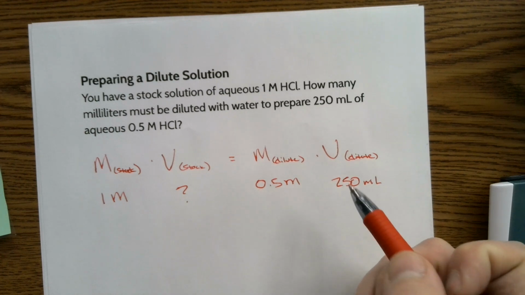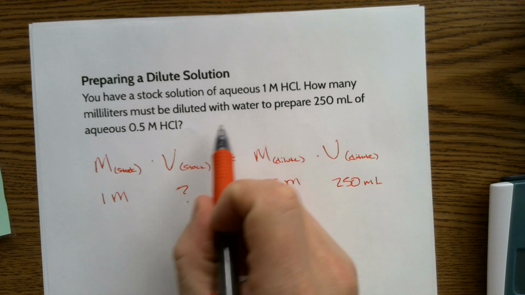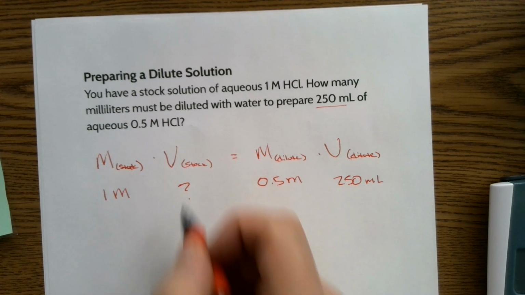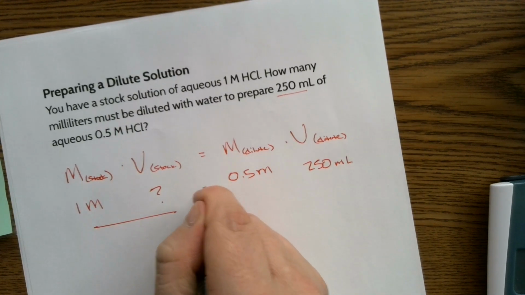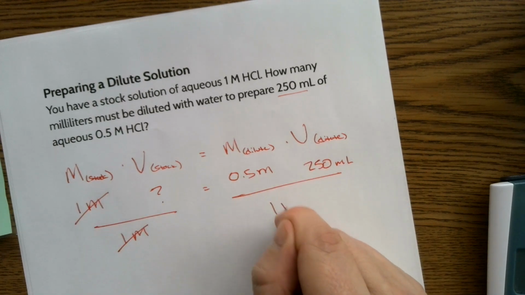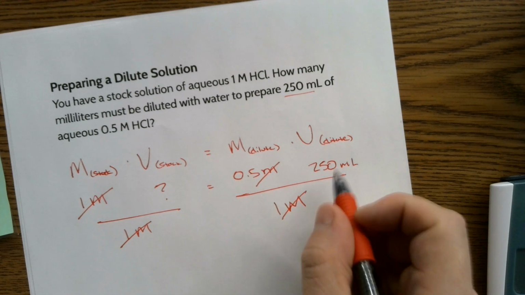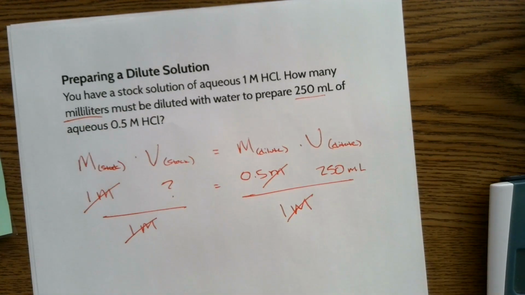The only time we can get this confused is whether the 250 goes here or here. You're trying to create 250 milliliters. We're just trying to figure out how much water we have to add to make it dilute. So now just solve for V. I'm going to divide this side of the equation by 1 M and move it over here to 1 M. Now my big M's cancel, and I'm left with milliliters, because that's what we're looking for: how many milliliters must be diluted.